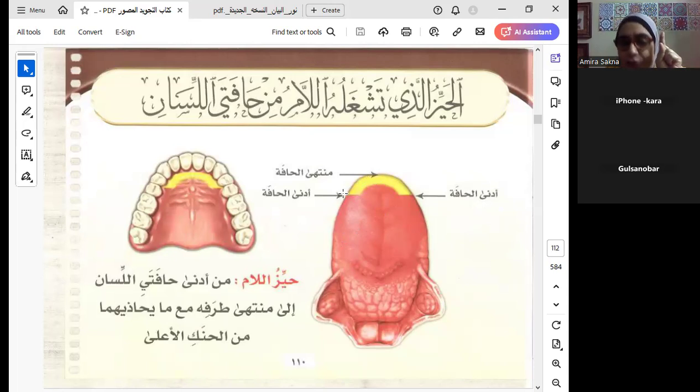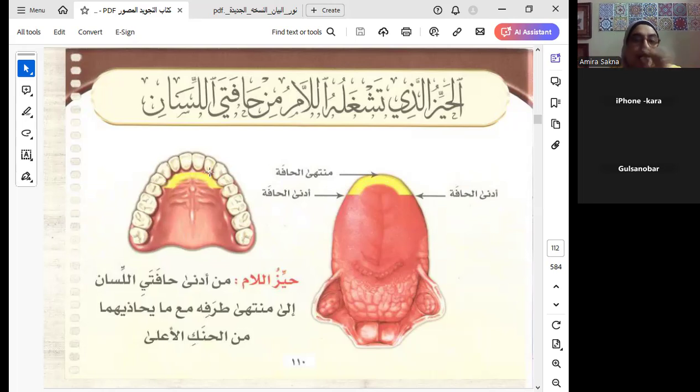All my talking today about dad and lam is only about the edge of the tongue, not all the tongue. Pay attention kindly. So lam is produced when the part of the edge of the tongue nearest to the tip is pressing against the alveolar ridge of the upper front teeth.